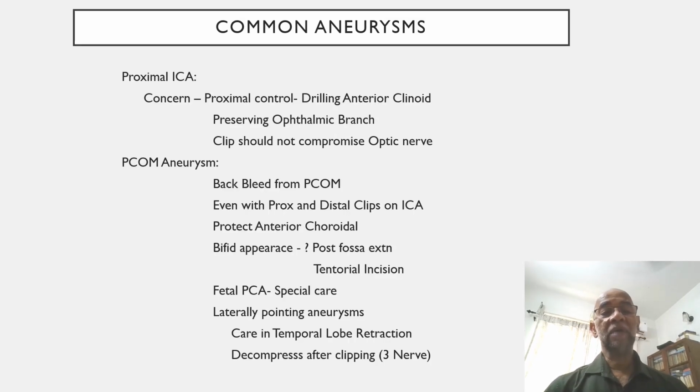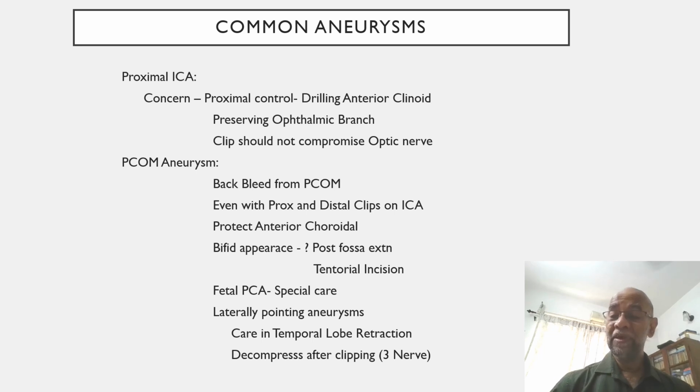A quick look at some of the common aneurysms and the individual challenges that they pose. Proximal ICA aneurysms, proximal control. Proximal ICA means usually ophthalmic segment aneurysms or aneurysms in that region. Here, proximal control becomes difficult because there is often no ICA seen proximal to the aneurysm.